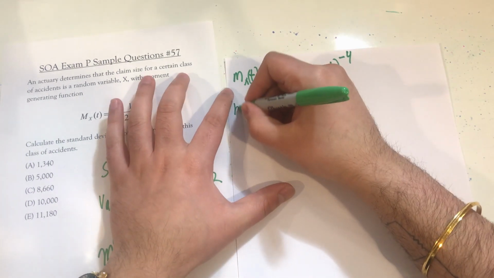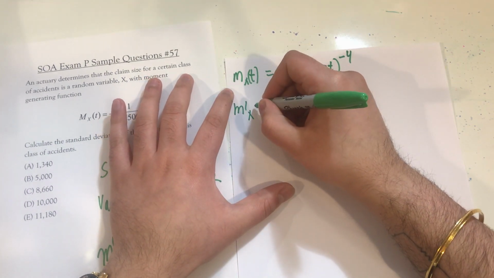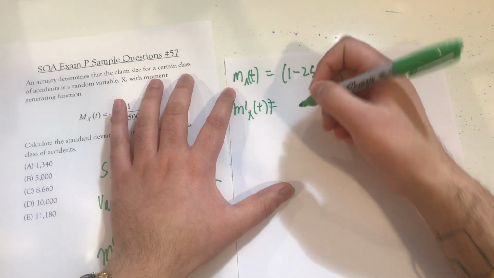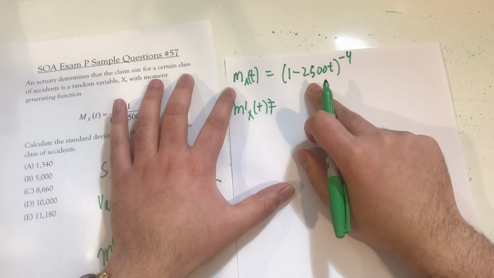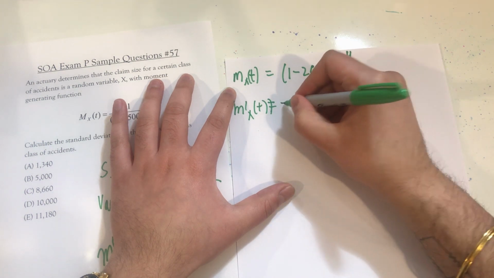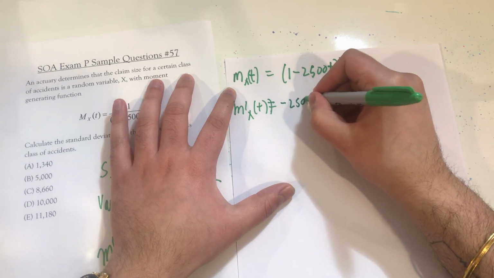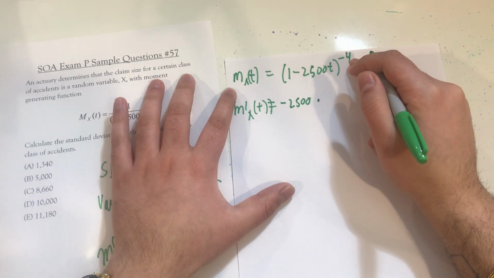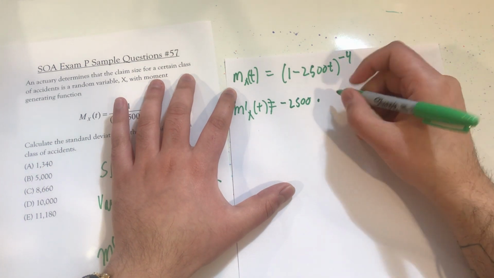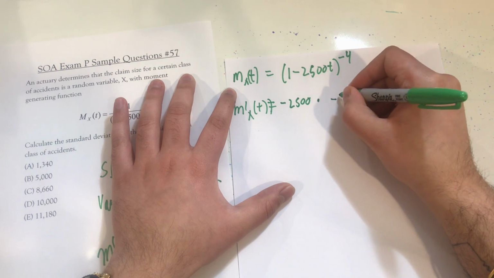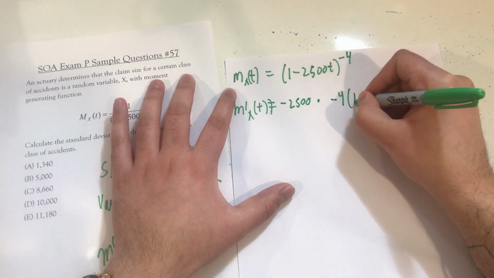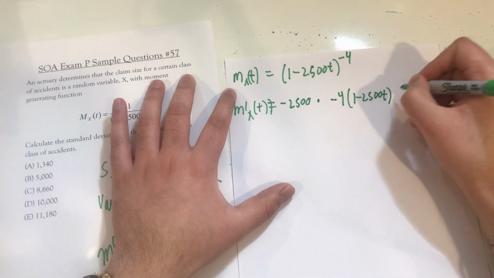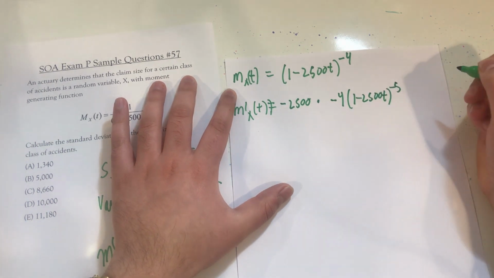So M prime X of t is equal to the derivative of the inside, which should just be negative 2,500, multiplied by, bring this down, subtract 1, so negative 4 multiplied by 1 minus 2,500t raised to the negative fifth.